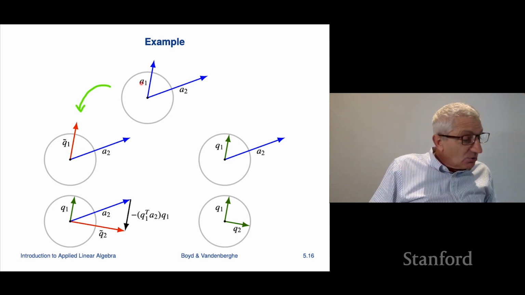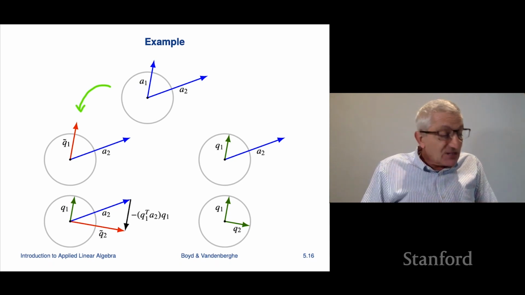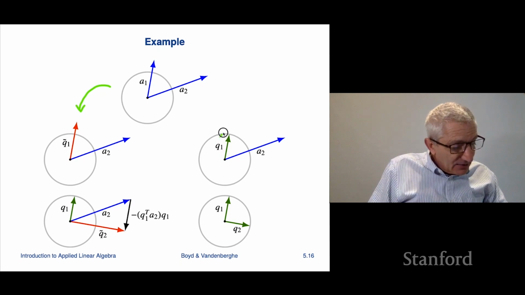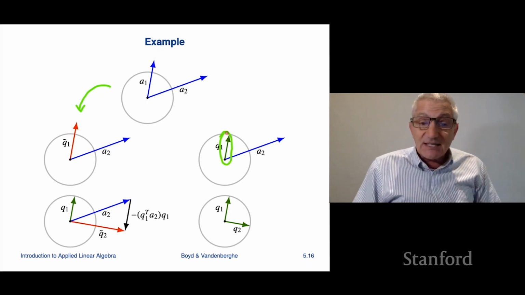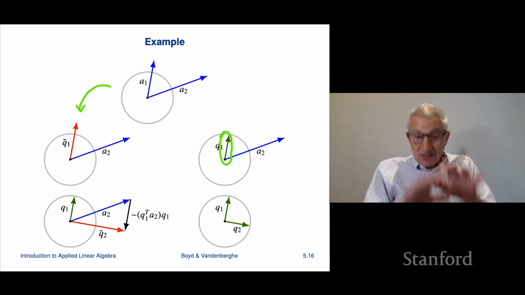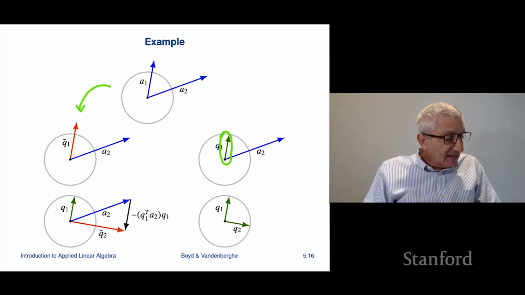Okay, so that's the first step. We check if it's 0. It is definitely not 0. And so we normalize it, which means we shrink it to get Q1. And you see now it's green, and the tip of the arrow is on that unit circle. That means it now has norm 1. So that's Q1. Okay, next step.